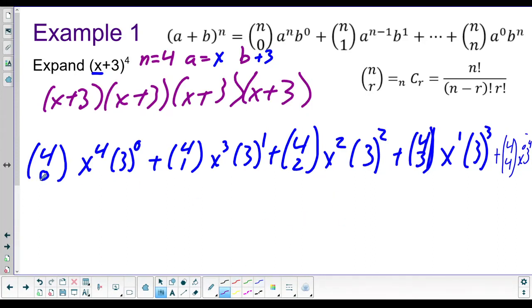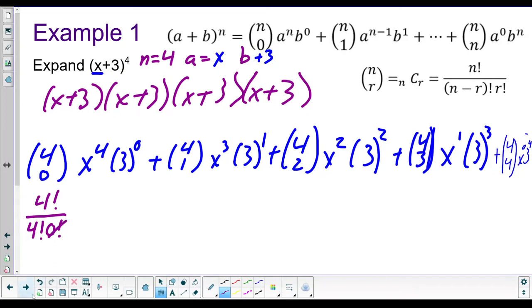Okay. So we've got all of our terms written out. This is expanded. Now we just have to simplify this. All right. So 4 choose 0. We're going to plug these two numbers into this formula here. So 4 factorial over 4 minus r. r is 0. 4 minus 0 is 4 factorial times r factorial. 0 factorial, this is just 1.